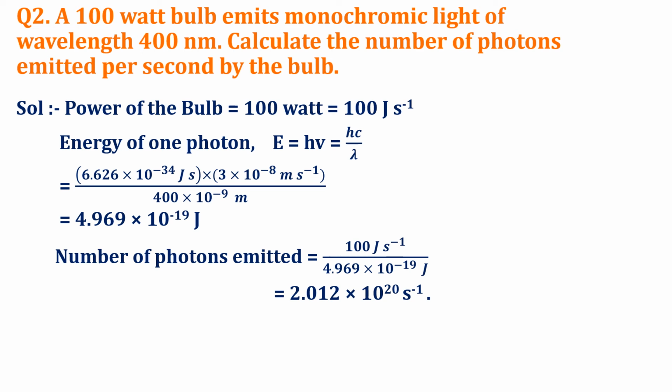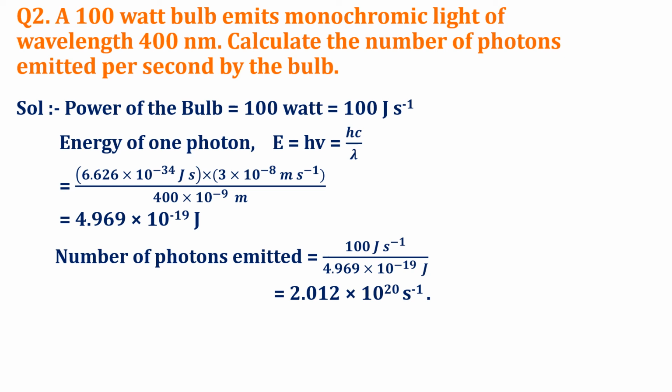After calculating hc upon lambda, we get the value 4.969 multiplied with 10 to the power minus 19 joules. This is the energy of one photon. After getting the energy of one photon, we have to calculate the number of photons emitted.